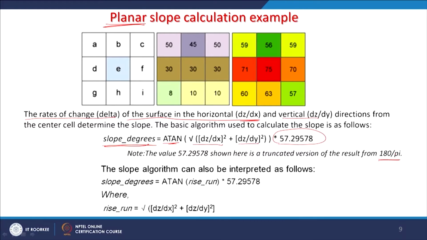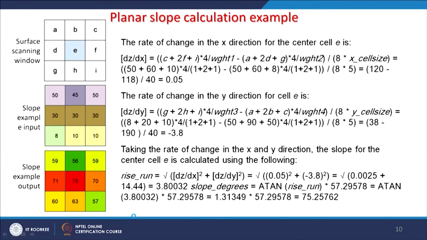Now, this slope algorithm or concept can also be interpreted as follows: the slope in degrees is arctan of rise upon run, multiplied by 180 by pi, or 57.29578, and you know that rise run is this function. So by this you get the planar slope calculation.